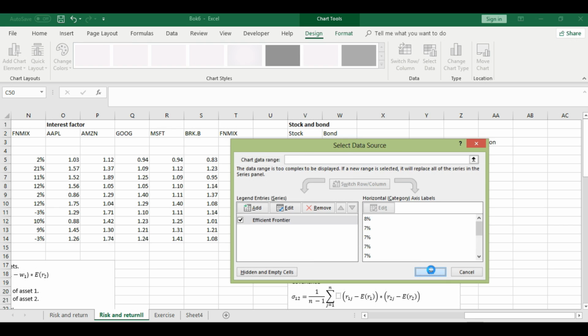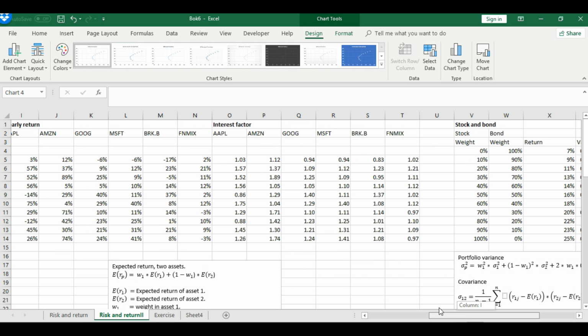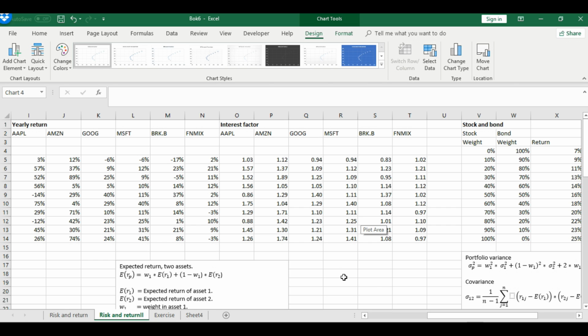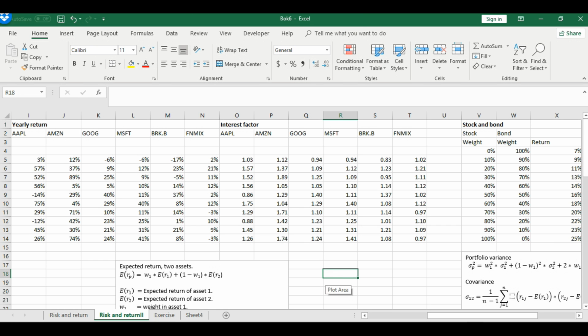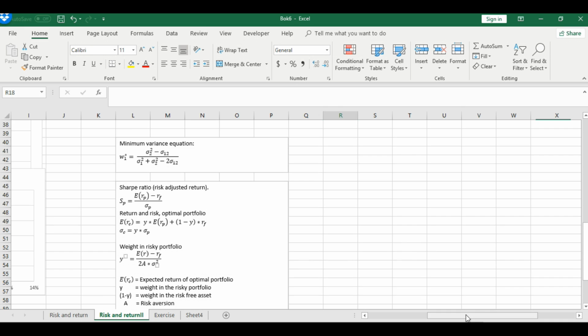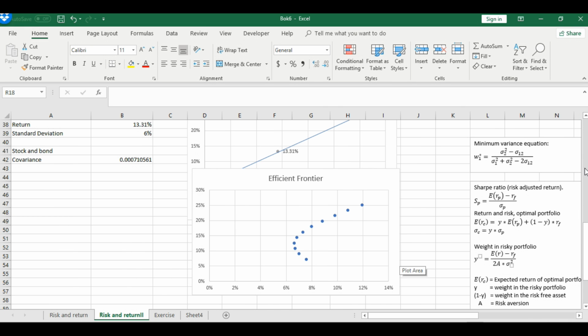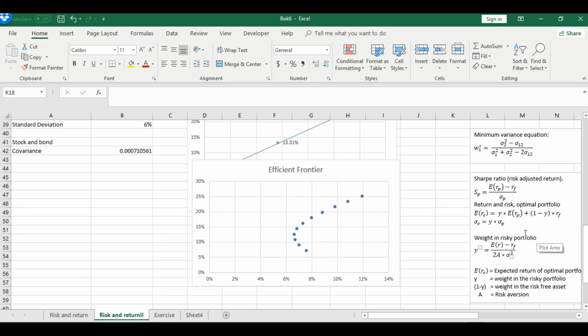Okay. There. This is called the efficient frontier. It is the combinations of the assets with their corresponding expected return and standard deviation.